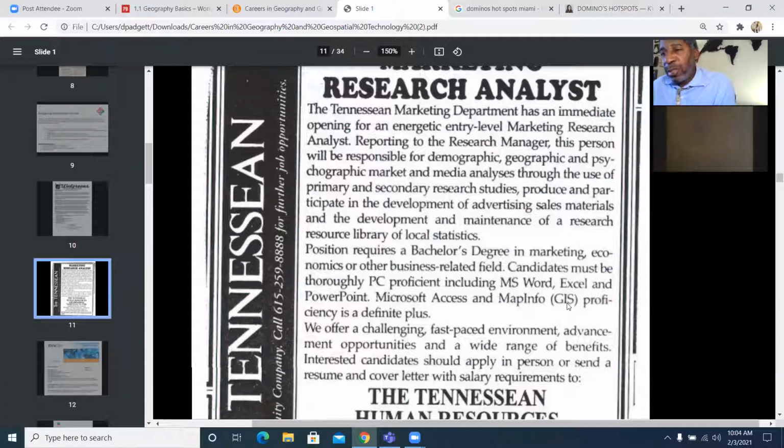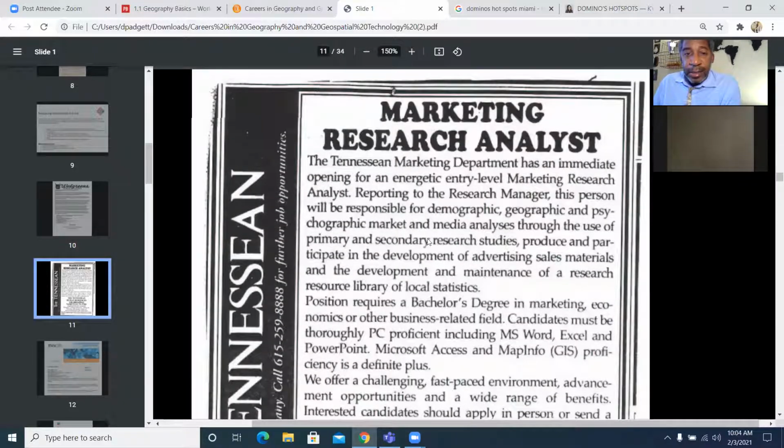And so this person would use GIS to conduct demographic, geographic, location, and psychographic, market and media analyses. Remember, demography is the study of population.